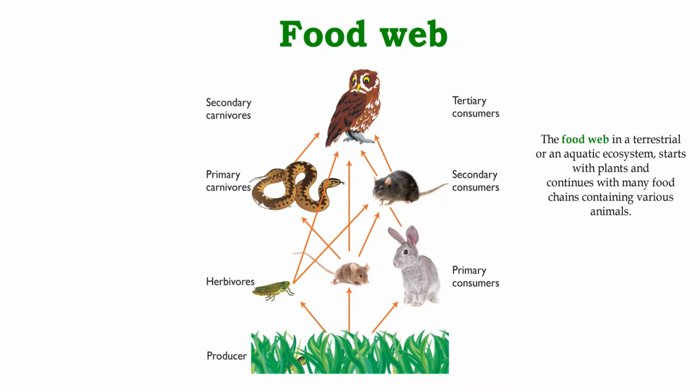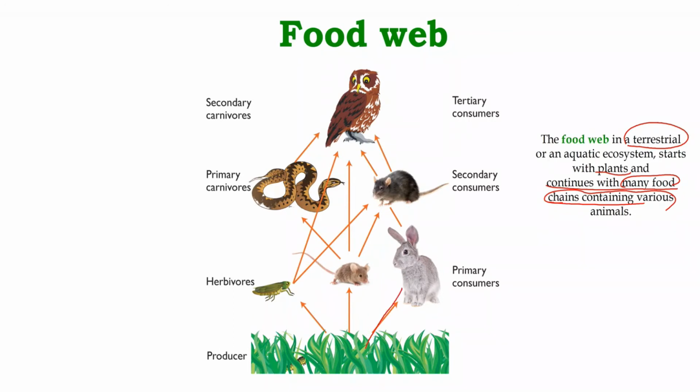A food web is a terrestrial or aquatic system, can be in water, in the ocean, or in desert and forest. It starts with plants, again, which are producers, and continues with many food chains containing various animals. We said a food chain is a linear shape, and we start with plants.